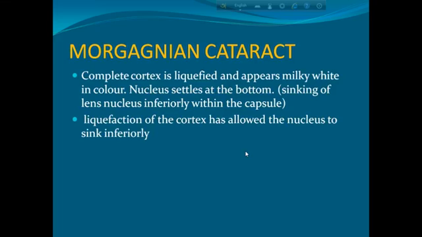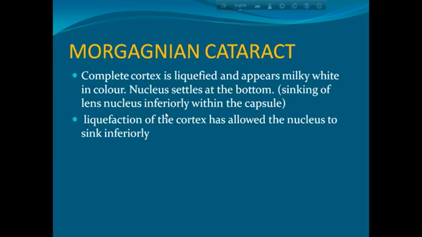An important cataract is Morgagnian cataract. Some examiners ask you what do you mean by Morgagnian cataract? Actually, this is one of the patterns of hypermature cataract. What is Morgagnian cataract? When the total cortex is liquefied and it looks milky white.